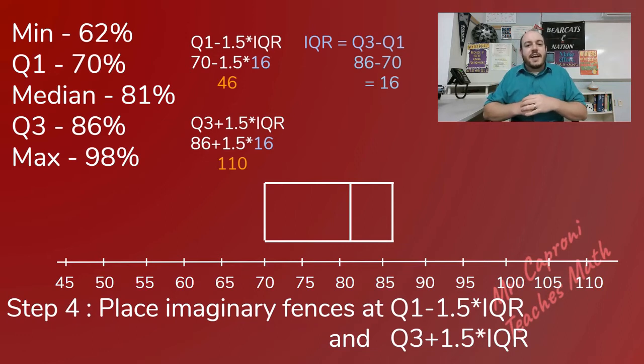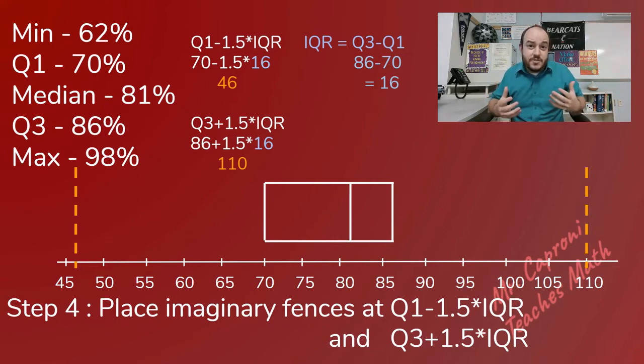That gave us a fence of 46. Now, our second fence happens at Q3 plus 1.5 times the IQR, which, again, after plugging in the numbers, we can see turns out to be 110. So I go ahead and place those fences on my graph.